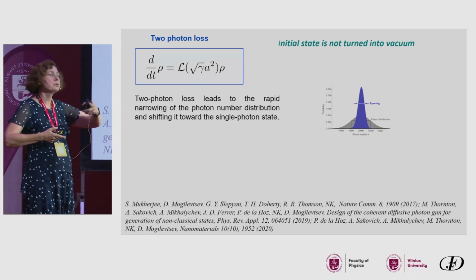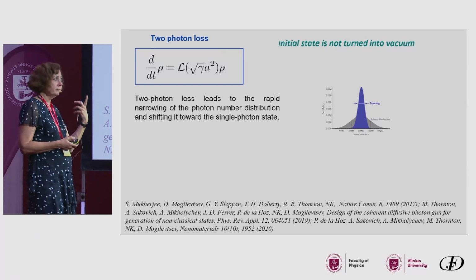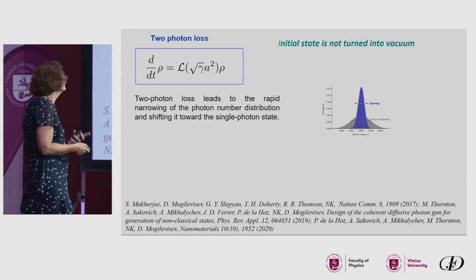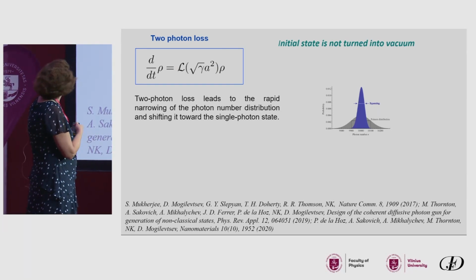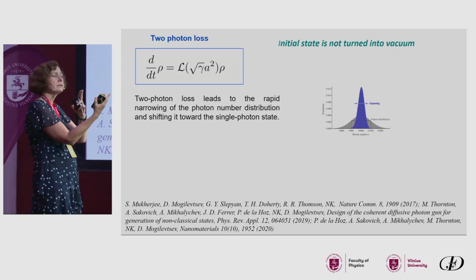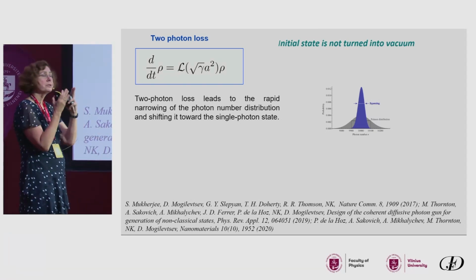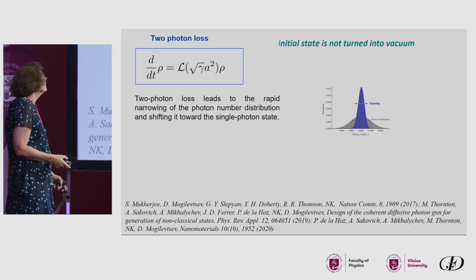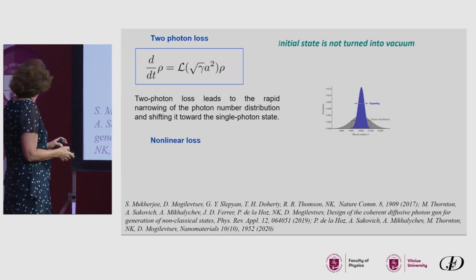You will lose photons in pairs. And this makes basically one photon a steady solution. What it leads to is that your photon number distribution is very quickly narrowing as the light propagates along the waveguide. So you get photon number squeezing, you get sub-Poissonian statistics.